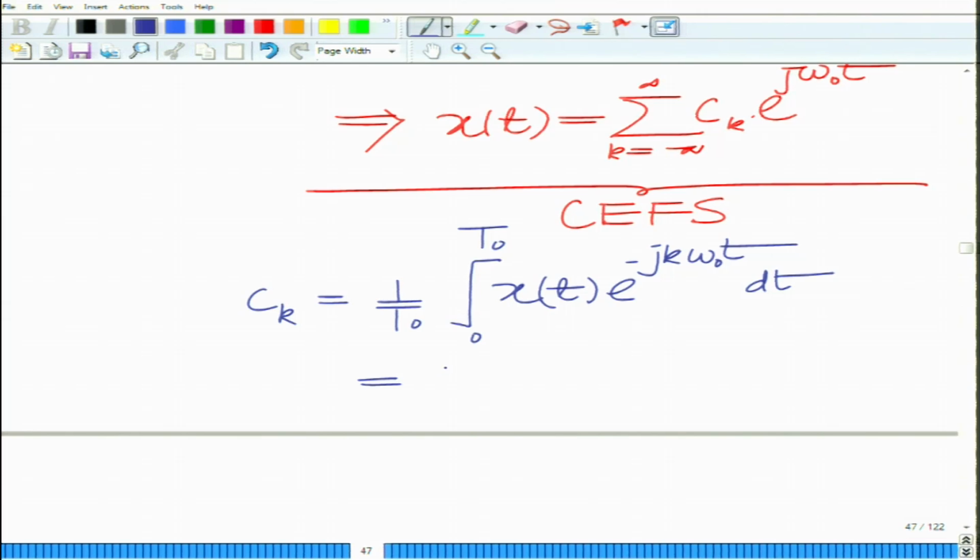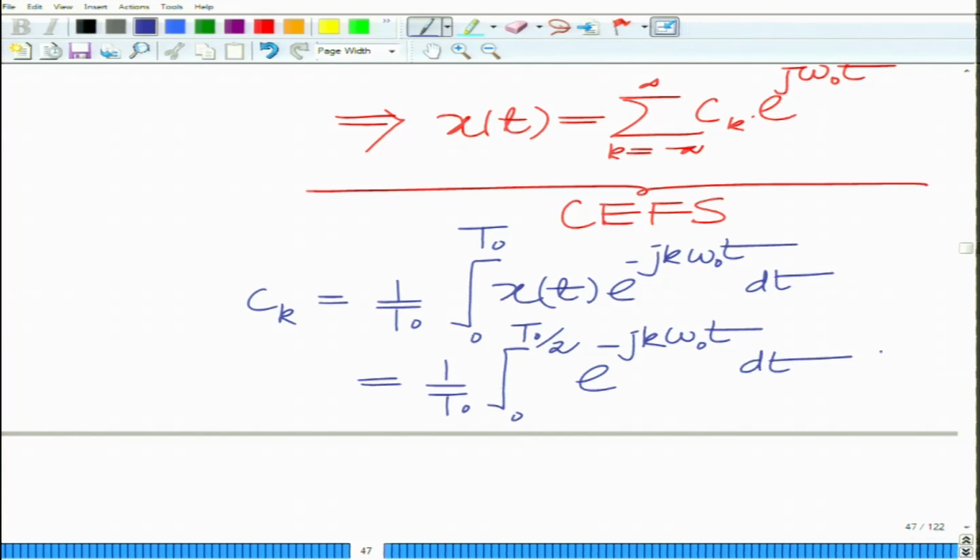We know that in the period 0 to T naught, x(t) is simply a pulse of height 1. In the period it is non-zero, in the duration 0 to T naught over 2, and in that it is a pulse of height 1. So, x(t) will be 1 in 0 to T naught over 2.